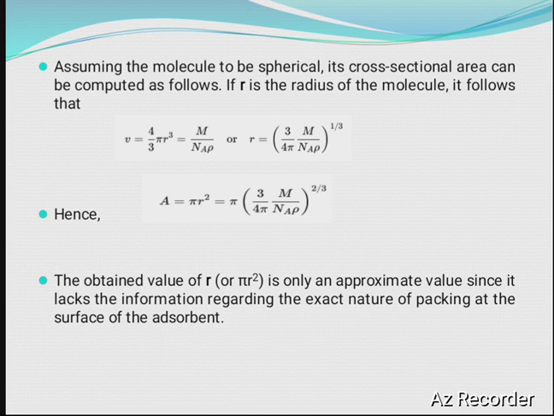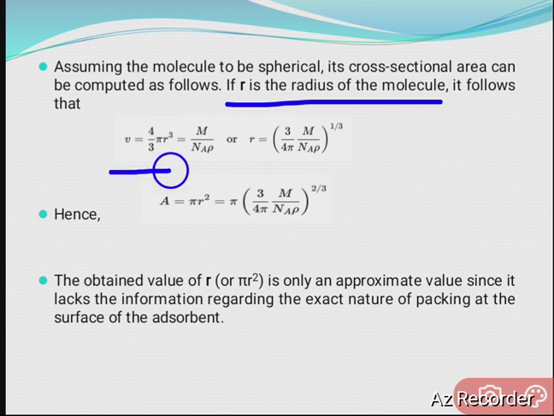Next, assuming the molecule to be spherical, its cross-sectional area can be computed as follows. If R is the radius of the molecule, then the volume of the spherical molecule is given by 4 by 3 pi r cube.